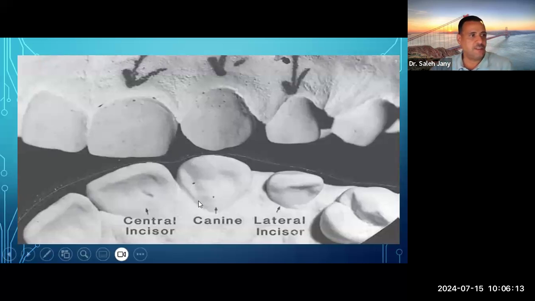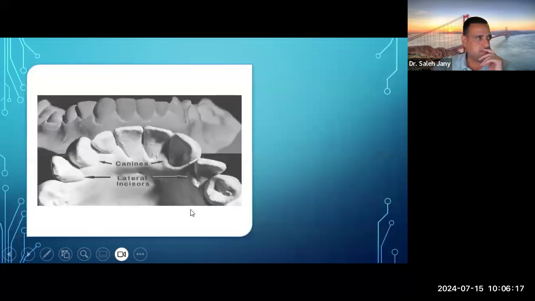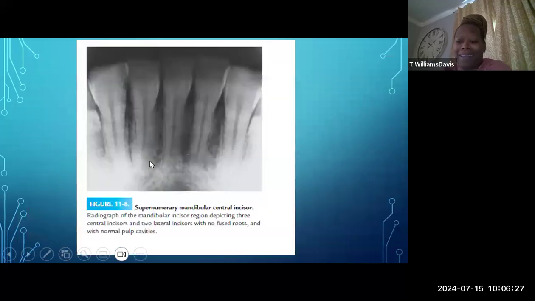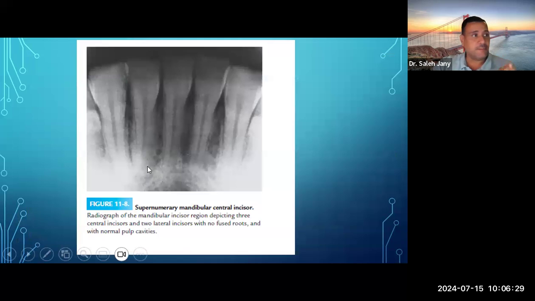You can see a central, then where the lateral should be, the canine took its place. The canine and lateral incisor exchanged places. That's my first time ever seeing it. You never know. Like this one, they have three central incisors, but no one will know because they look the same.